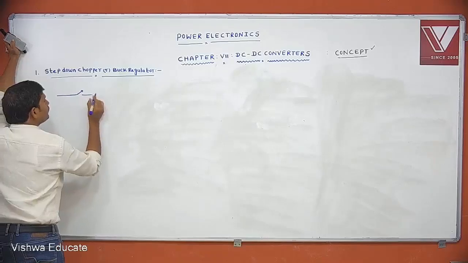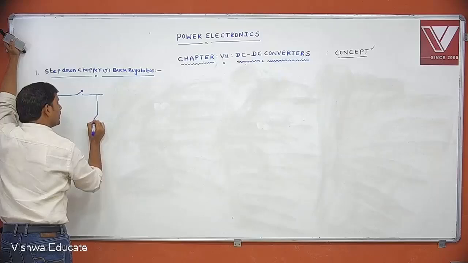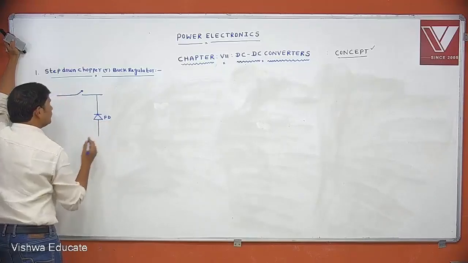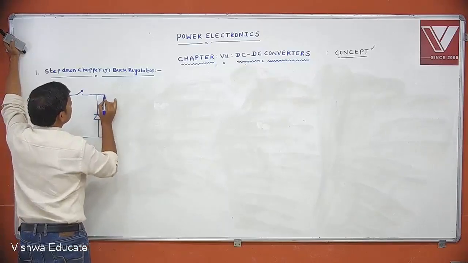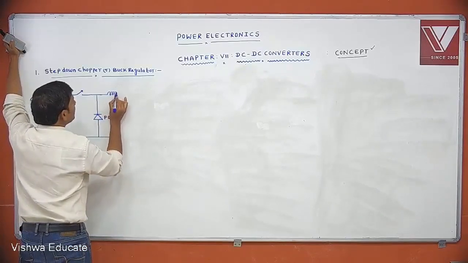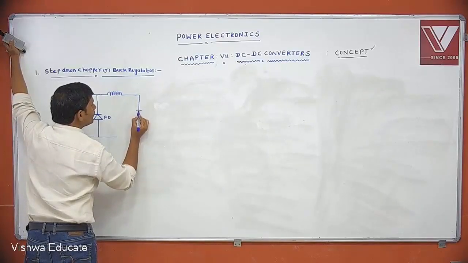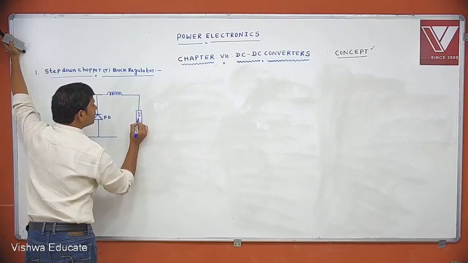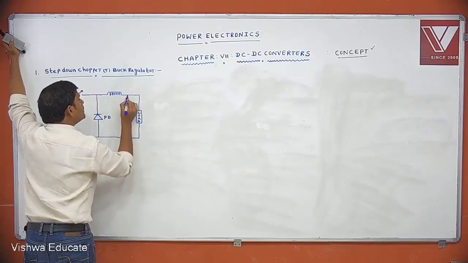And this is chopper or switch. Here we are connecting the freewheeling diode or diode. This is filter inductor. And this is the load. And this is filter capacitor.